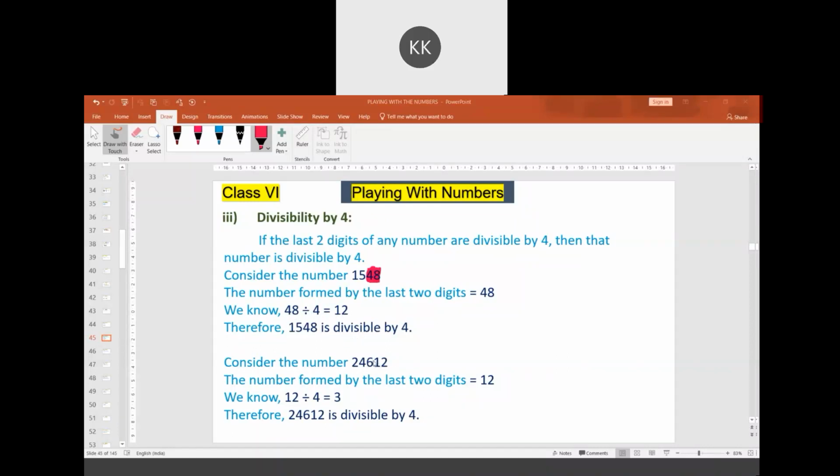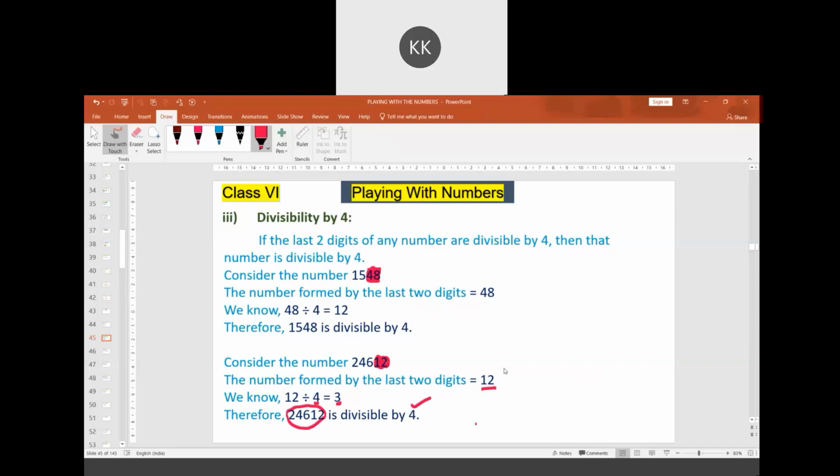Likewise, here is a larger number, 24,612. Now I am going to highlight the number formed by the last two digits, which is 12. 12 is divisible by 4. It gives 3. So it means that the given number is divisible by 4.